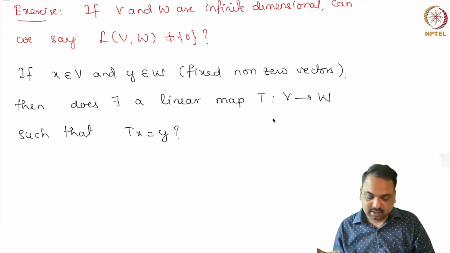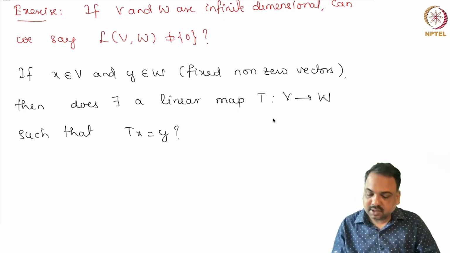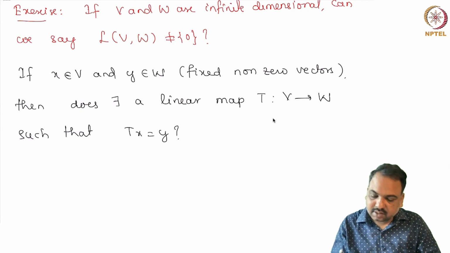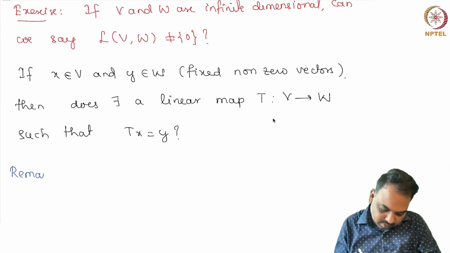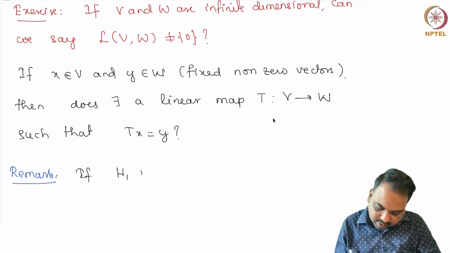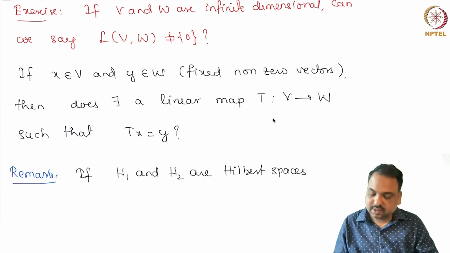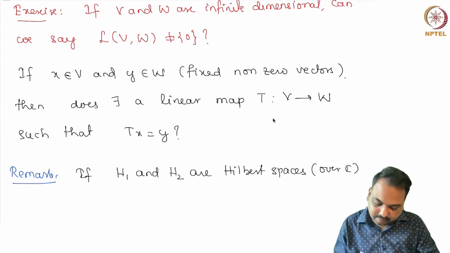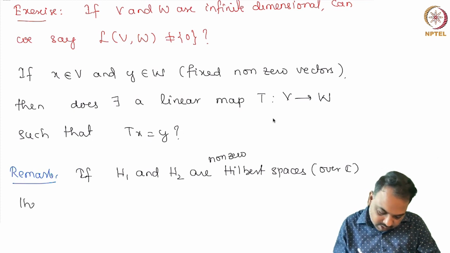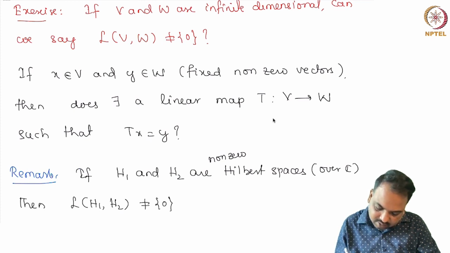In the Hilbert space setting, this question can be answered in an easy way. So let us look at it: if H1 and H2 are Hilbert spaces, both over C and both non-zero, then we can say that L(H1,H2) is always non-zero.